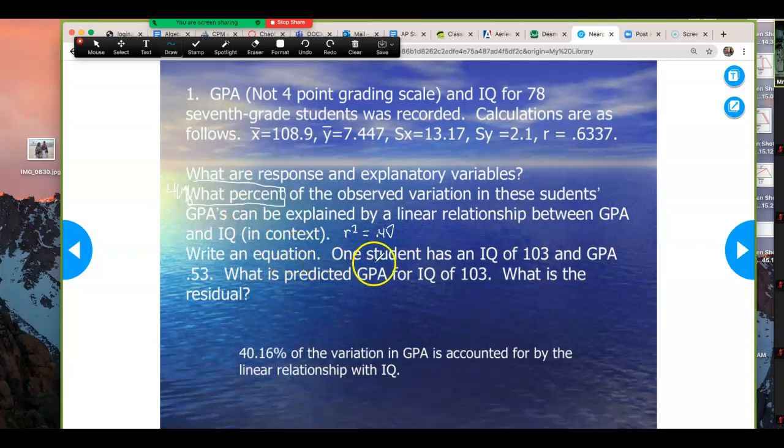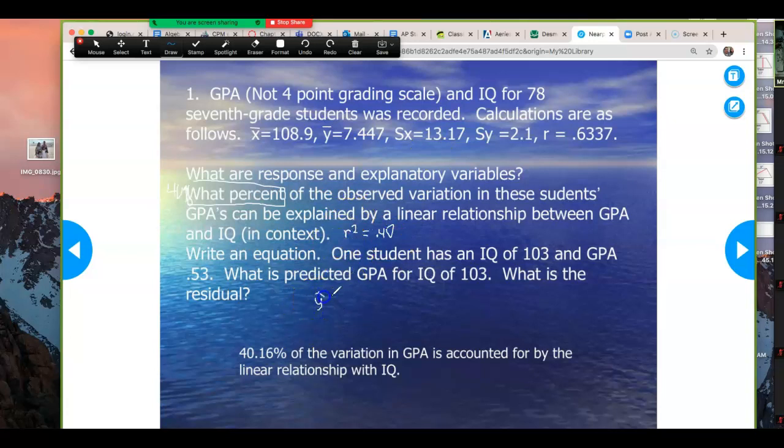Write an equation. So again, we're going to have to plug in. S of y, 2.1, times 0.6337, divided by 13.17. So that's finding the equation. 0.6337 times 2.1 divided by 13.17 is 0.101.